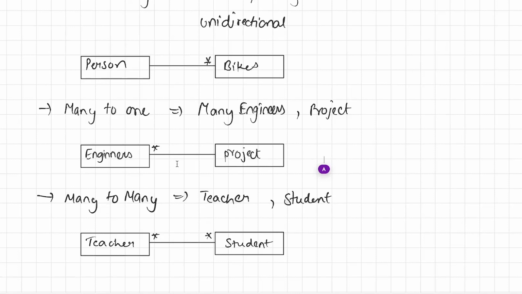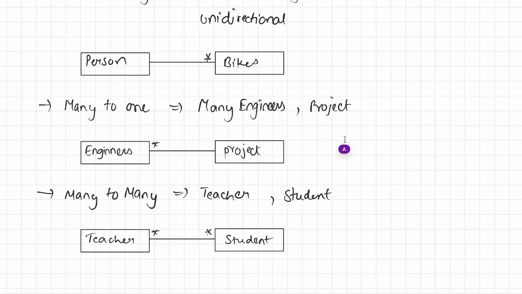Now to represent the relationship, first we are using a straight line that represents that there is an association between engineers and project. Okay. Now we are using an asterisk symbol which represents that there are many engineers. So overall we can say that many engineers can work on one project. So this is all about many-to-one relationship.